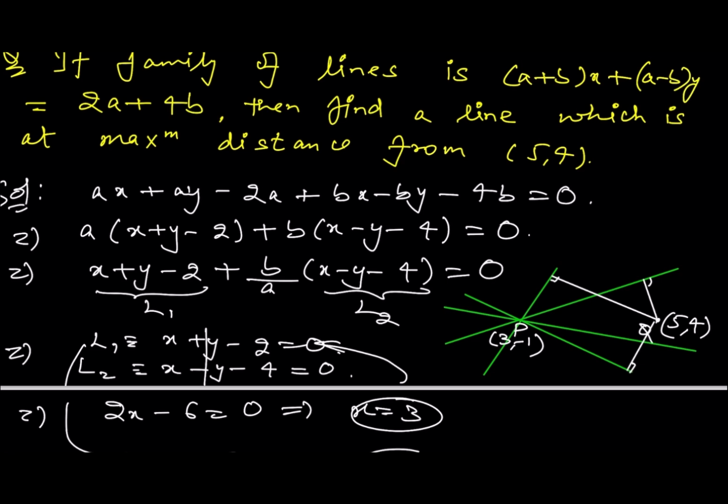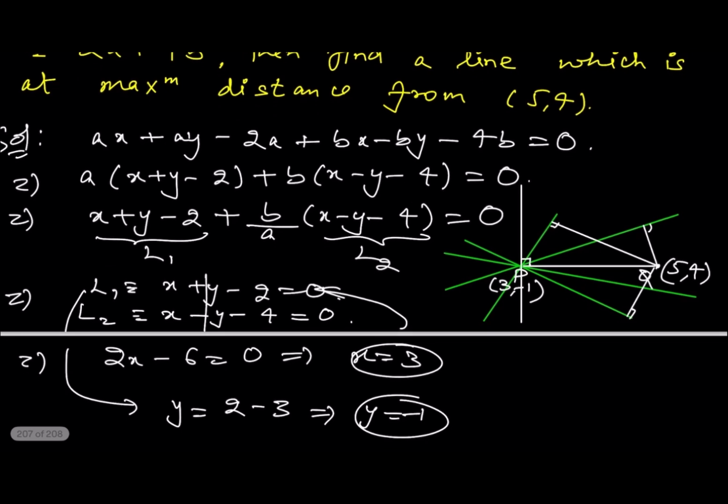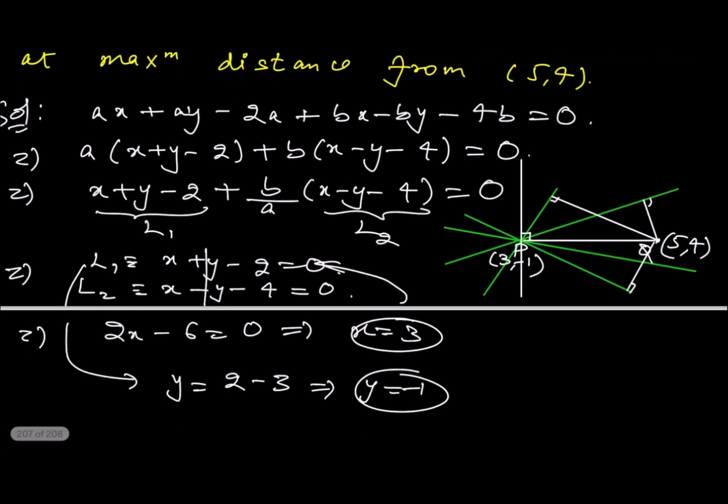Now if I make a line perpendicular to the line joining P and Q, I observe that this white line, which is passing through P and perpendicular to PQ, is at maximum distance from Q. So this is the required line, right?